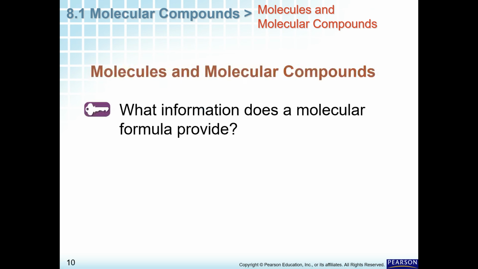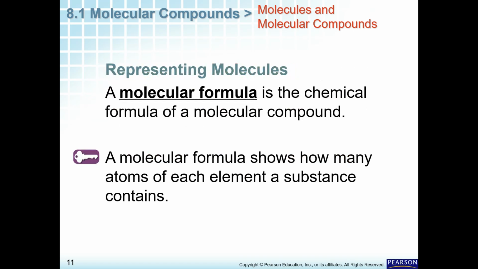So what information does a molecular formula provide? Just like an ionic compound has a chemical formula, so does a molecular or covalent compound. And essentially, they're going to tell you the exact same thing. They're going to tell you how many atoms of each element there are and what elements are present.